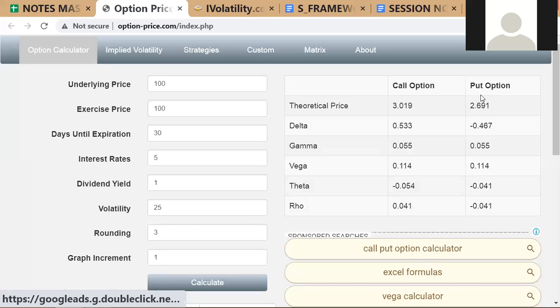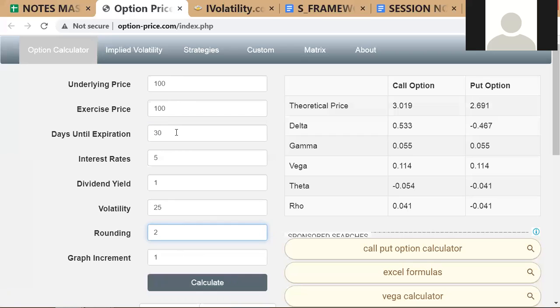Whether you buy a put or a call, ceteris paribus, everything else remaining the same, it is always going to be true if you're holding an option.